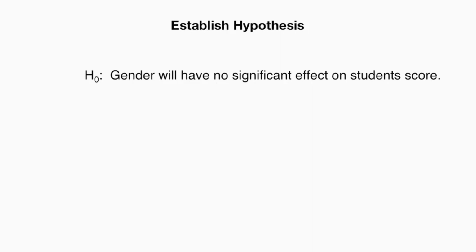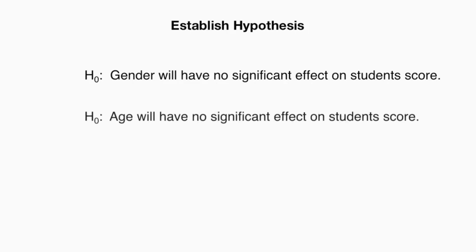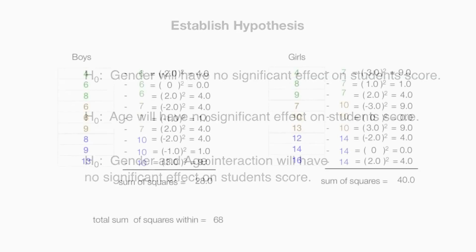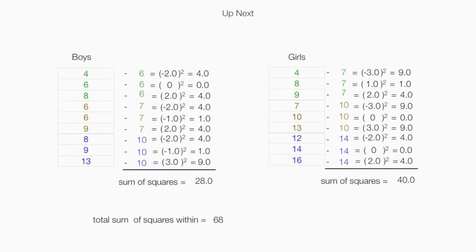The second hypothesis is age will have no significant effect on student score. The final hypothesis is gender and age interaction will have no significant effect on student score. So up next, I'm going to show you how to make a lot of calculations by hand if you must.